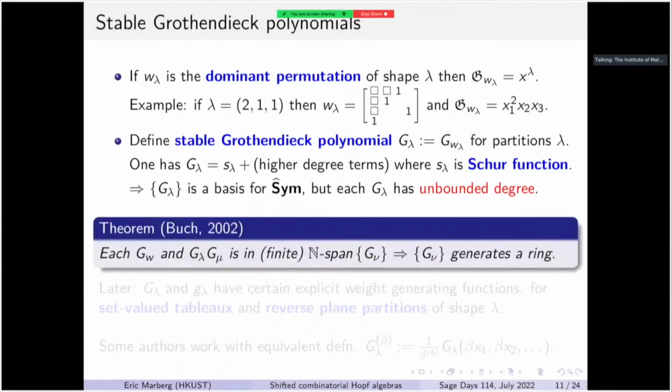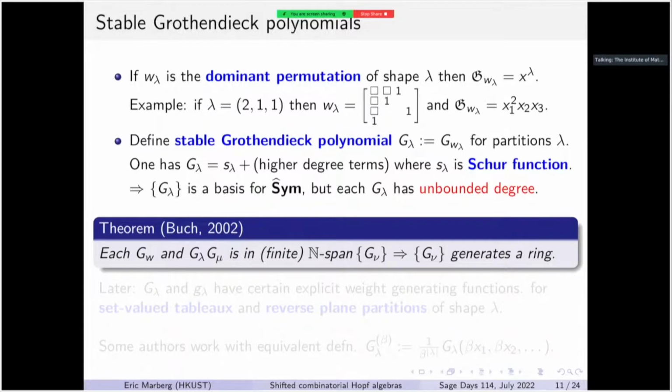And these symmetric functions have some interesting non-trivial properties. So one is, each G_W is spanned by these G lambdas, and even though these are unbounded degree symmetric functions, it's in a finite span with positive coefficients.